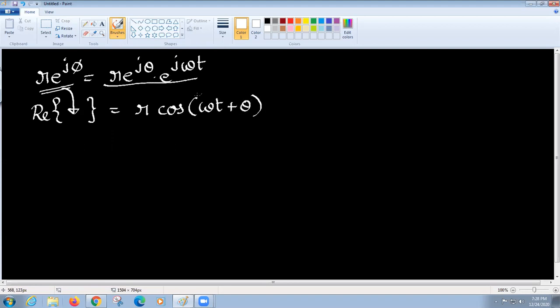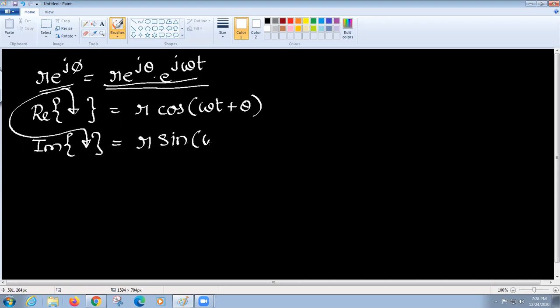All right, so you have this, and the imaginary part of this, of course, gives you r sine omega t plus theta.